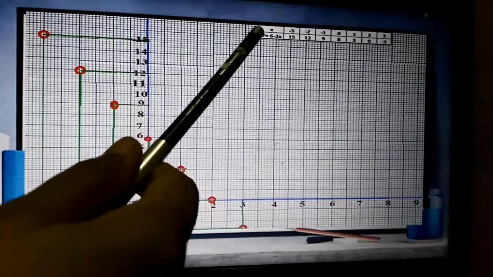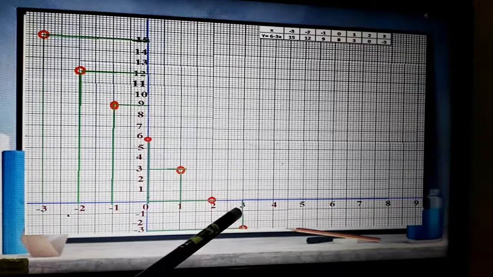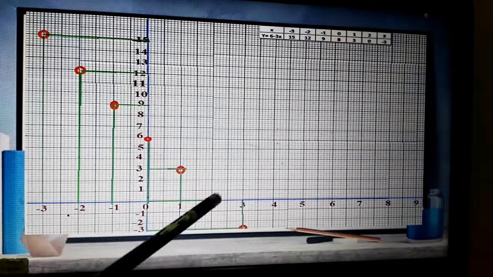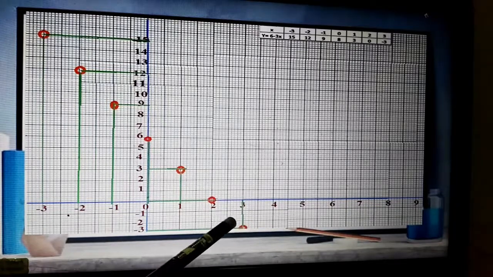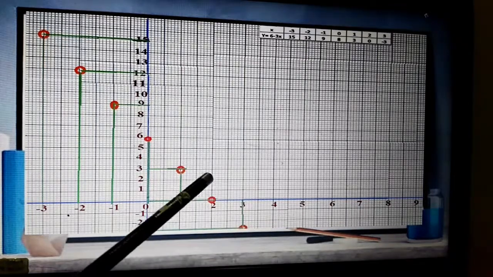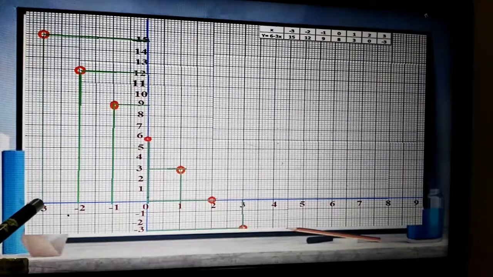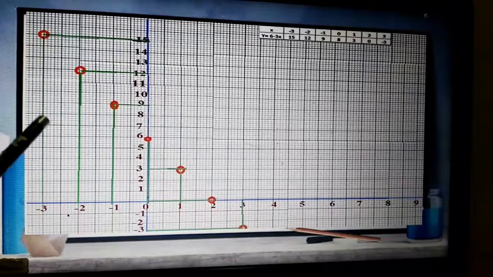Now take the scale and point out the positions of the points. As per the given condition, when x was minus 3, then y was 15. X is here minus 3 and y is 15 here.